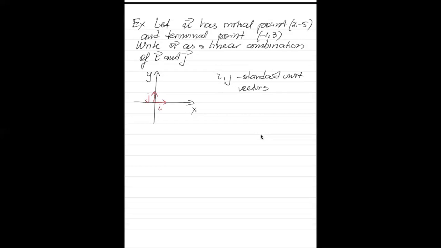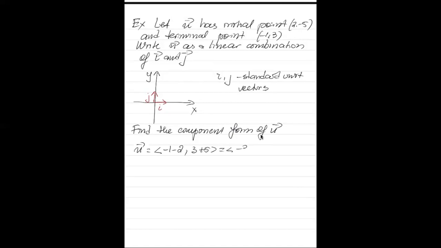First, you have to find the component form of U. So we have a formula for that already. So that is, we subtract the corresponding coordinates, the second point minus the first, so negative 1 minus 2, and then 3 minus negative 5 becomes 3 plus 5.